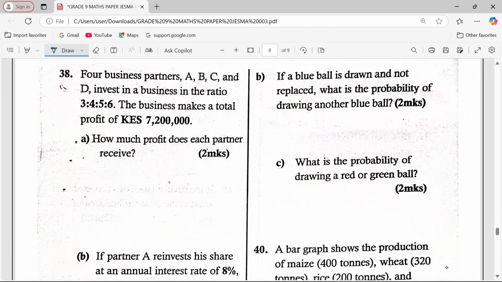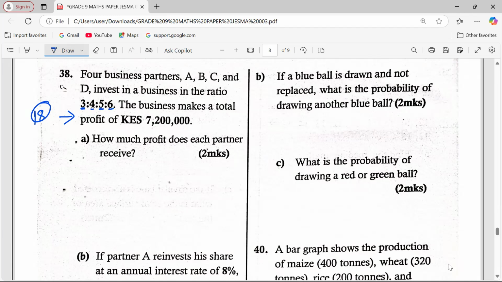The total proportions here are 3 plus 4 plus 5 plus 6. That will give us 18. So we have 18 proportions. They are equivalent to a profit of 7,200,000 Kenya shillings.